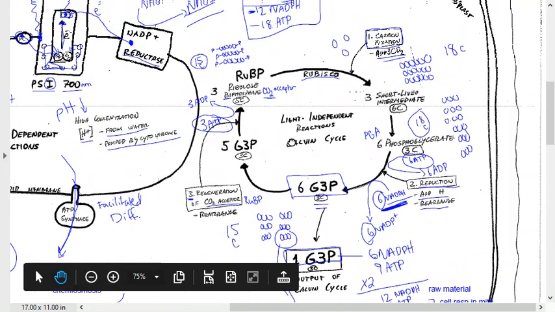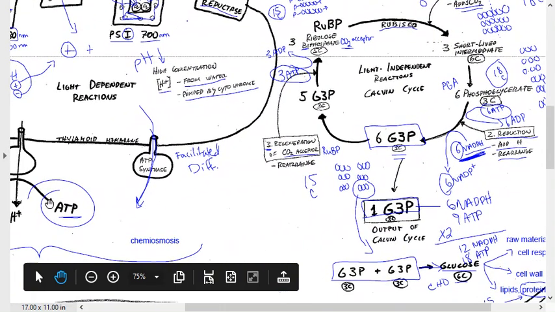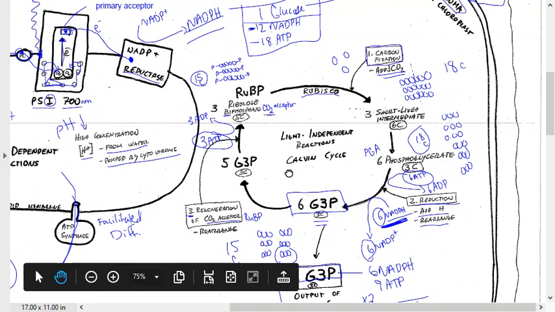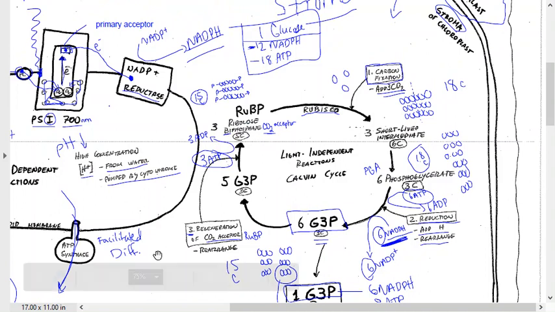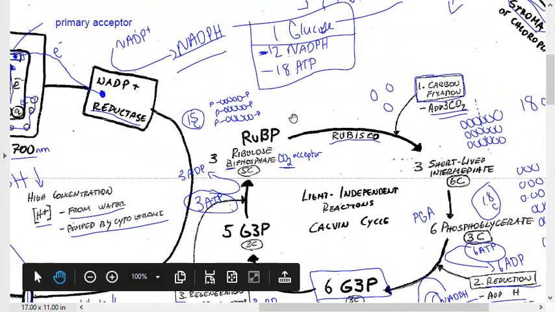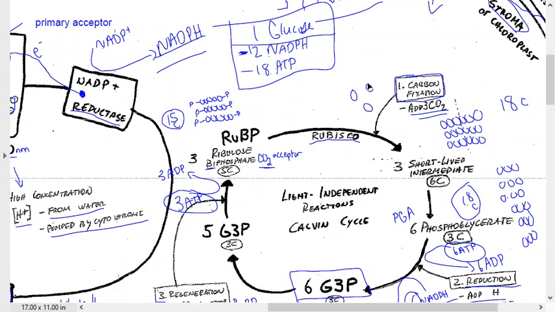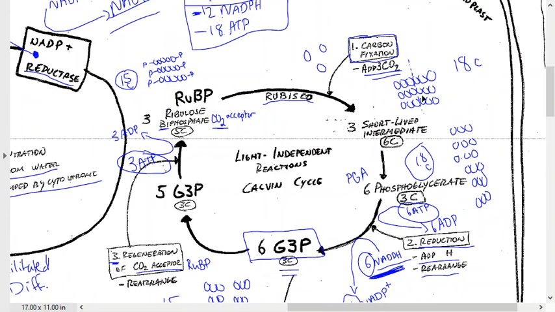So you've got NADPH and ATP coming in from the light reactions in the thylakoid membrane. All right, starting with this molecule of RuBP, ribulose bisphosphate, Rubisco, which is an enzyme, is going to attach a carbon in the form of carbon dioxide to the end of each of these. So we're going to run this in triplicate. That's going to get us 3 6-carbon molecules.